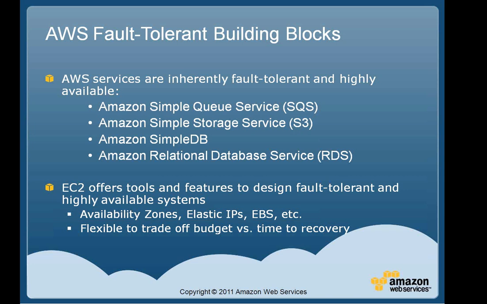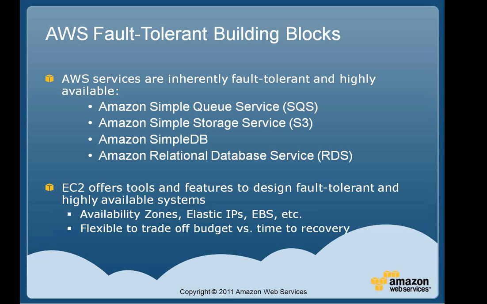For example, when you create SQS message queues, there are multiple servers and built-in redundancy behind the scenes. When you post a message to a queue, that message is replicated across multiple machines so that your messages are always going to be properly stored and available for processing from the queue.